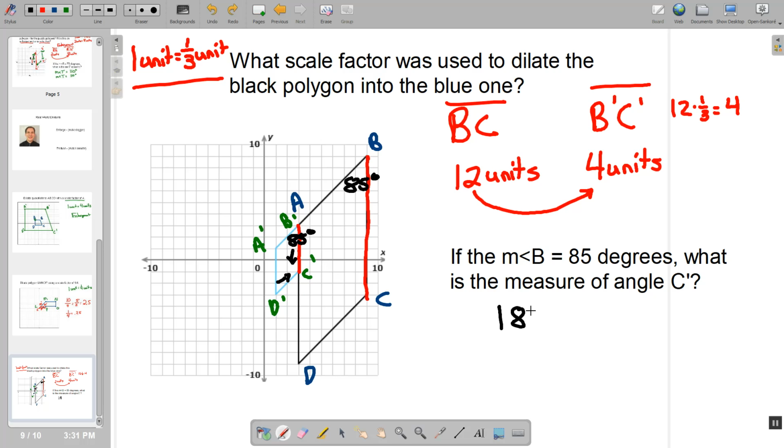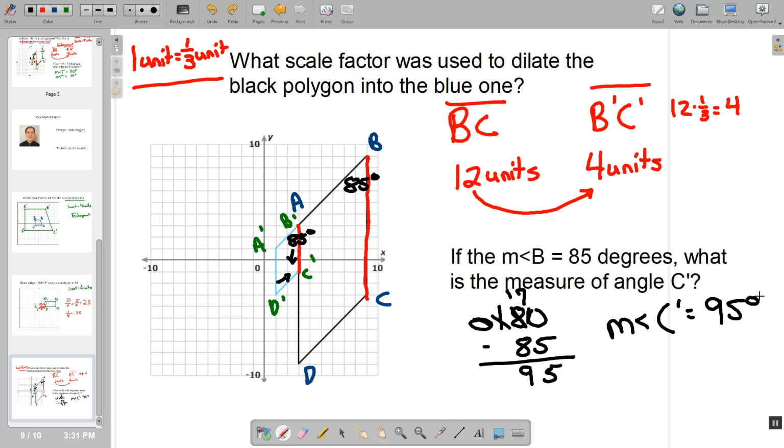So if I do 180 degrees minus 85 degrees, I should get 95. So that means that the measure of angle C prime is equal to 95 degrees. And coincidentally, that means that the measure of angle C has to be equal to 95 degrees as well.